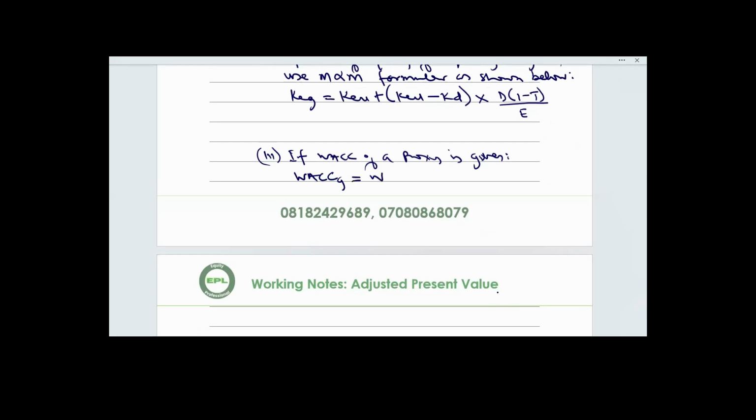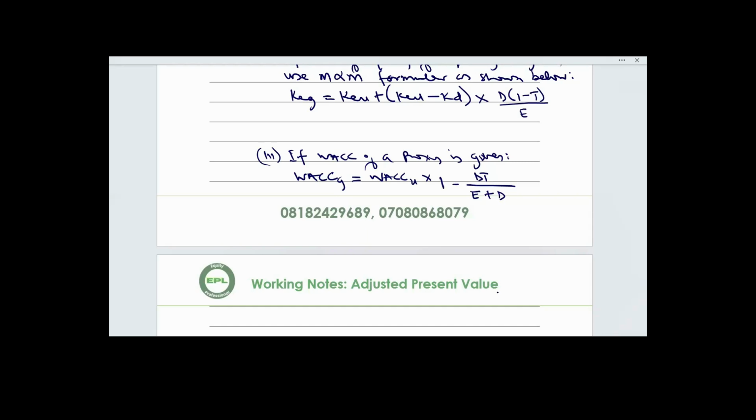So if the WACC of a proxy is given, then WACC of a geared company is equal to WACC ungeared multiplied by 1 minus debt value multiplied by tax, divided by equity plus debt value of the proxy company. Okay, so that's that.